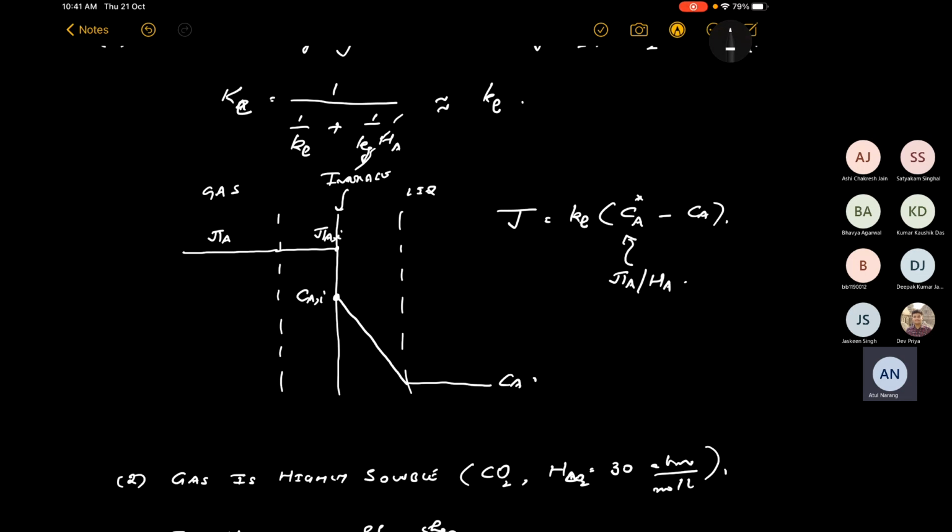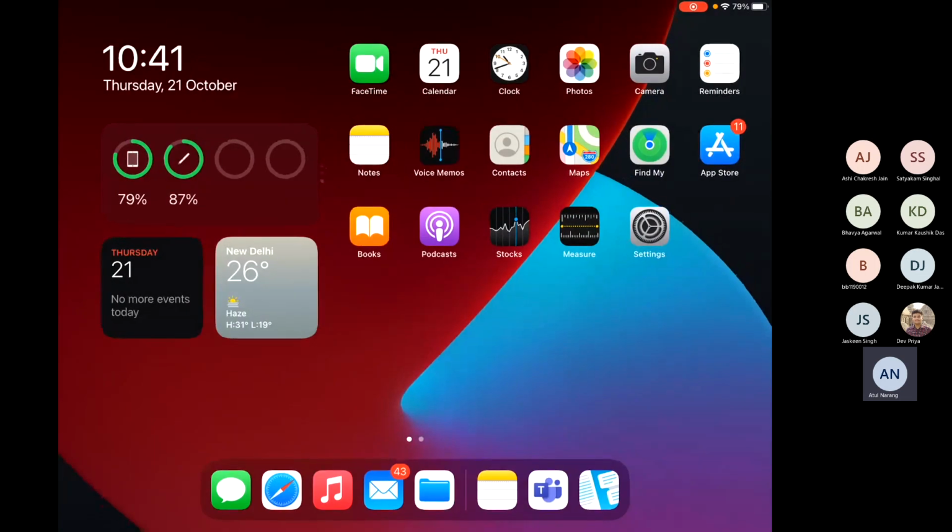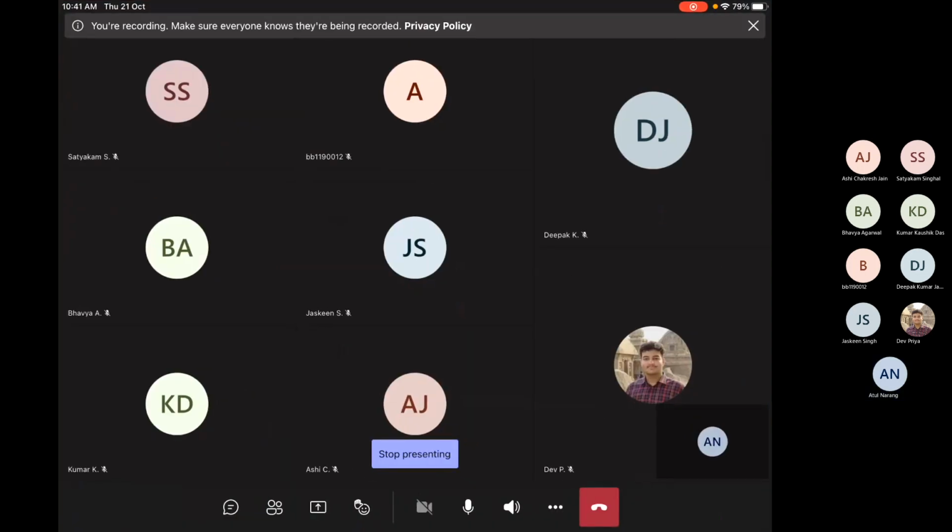That is what we'll be dealing with. Is that part clear? Let's just check. Any questions? So it's clear.